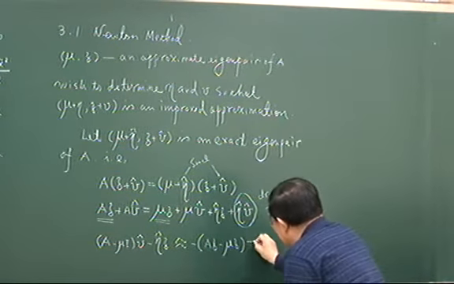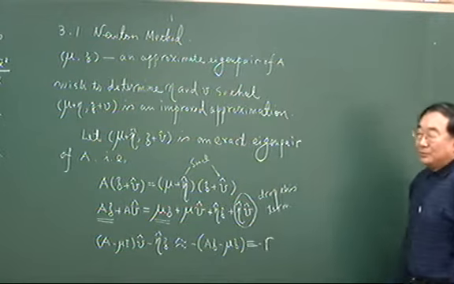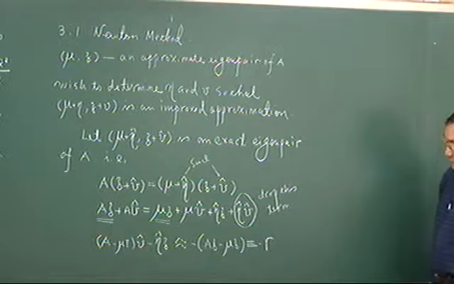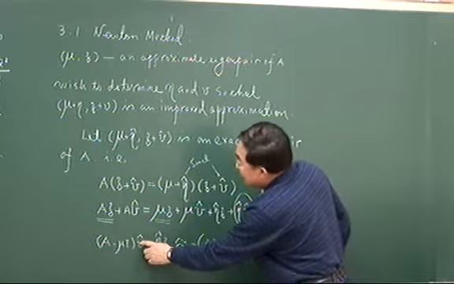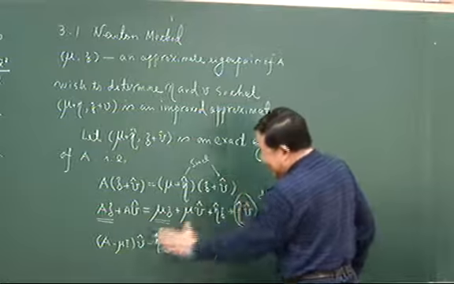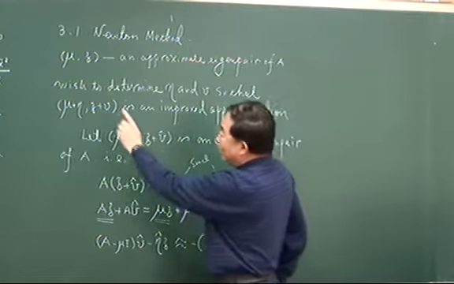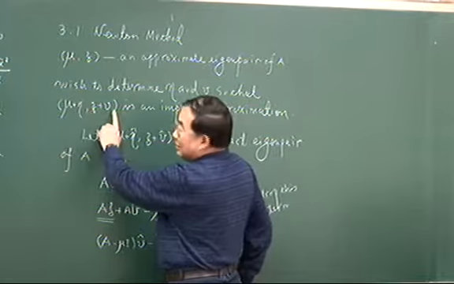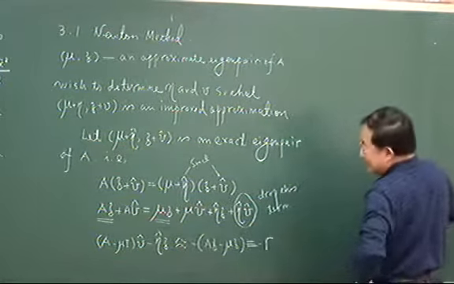This is just the residual. If this is an exact eigenpair, it will approximate this one. So we find delta mu and v to satisfy this.